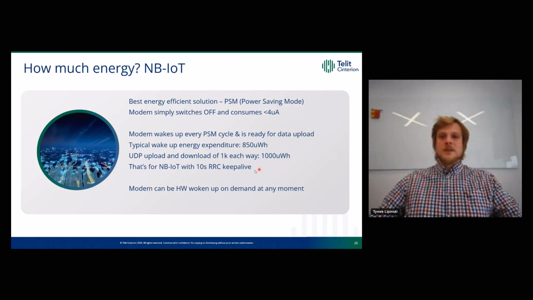That's a lot. But that's with a very nasty operator, which keeps the RRC for 10 seconds. So even though we are already done with any kind of data upload, we still burn energy for 10 seconds because that's how this operator configured his base station.